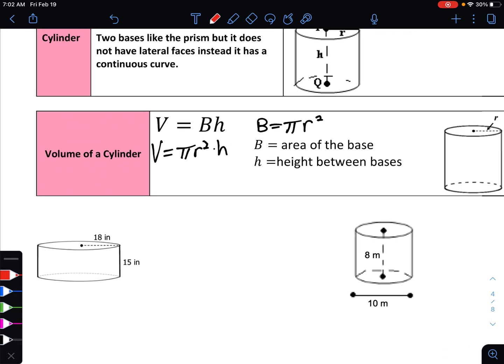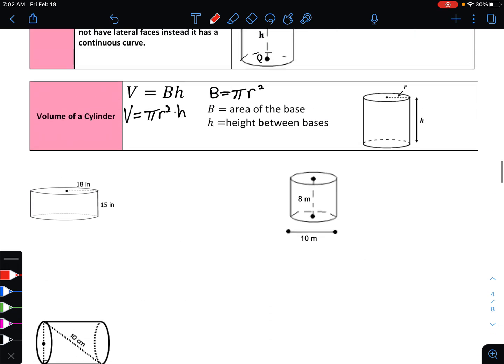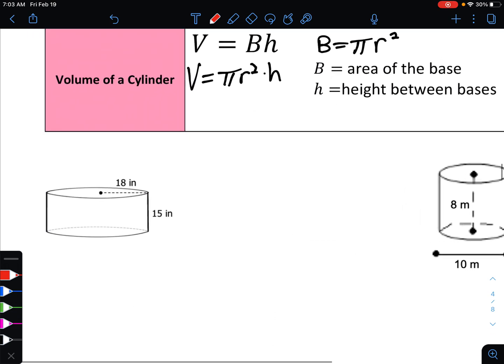So let's take a look at just a few examples of it. I think we've just got 4 examples in total, and they should go pretty quick. All right, so for this first one, really what we have is 2 parts of information. We're told that our radius is 18, we're told that our height is 15, and those are all we need in order to find the volume for the cylinder, which again, the formula for that is pi r squared multiplied by height.